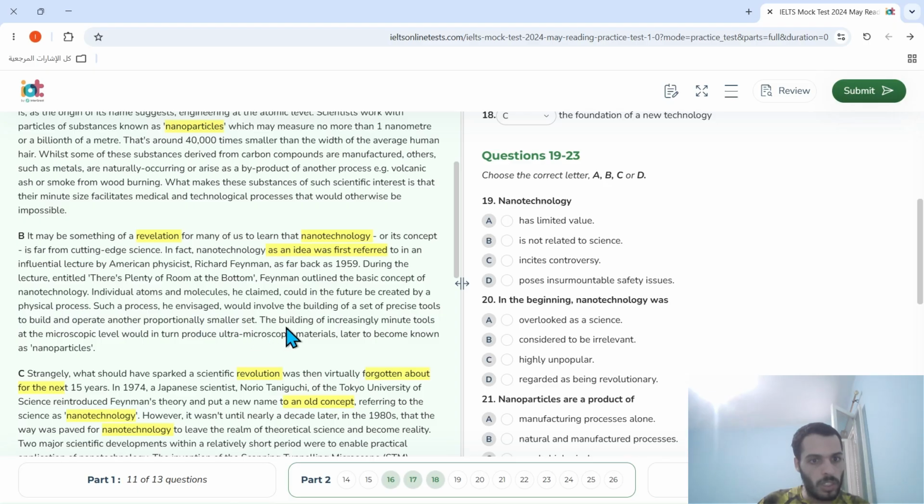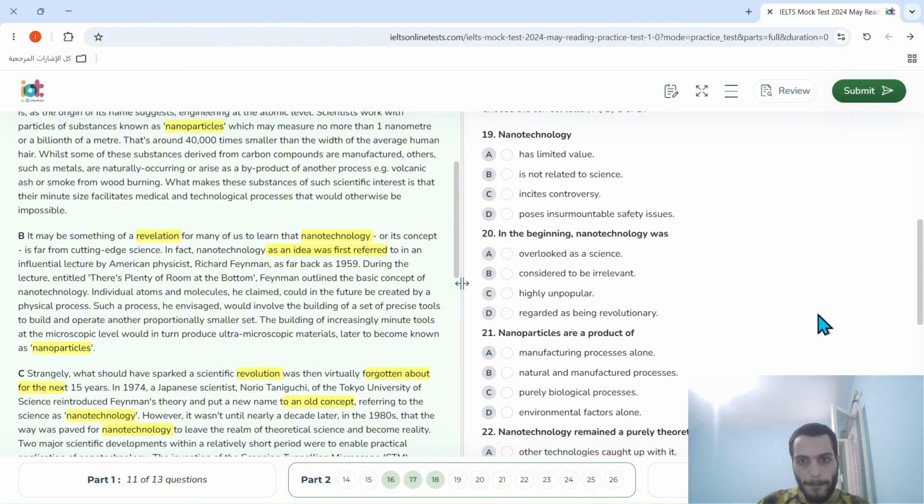Such a process would involve the building of set-size tools, building tools later to become known as nanoparticles. However, it was considered to be irrelevant, highly unpopular, regarded as being revolutionary.